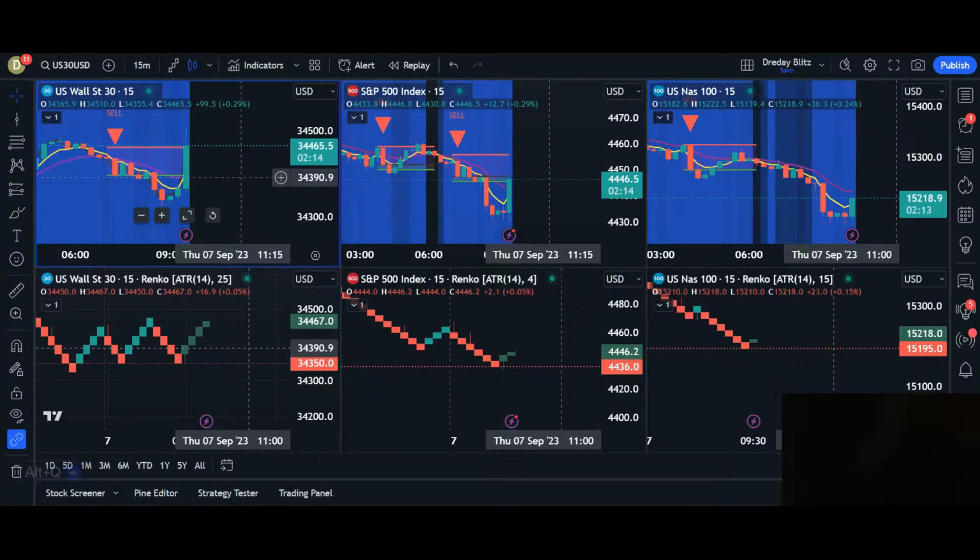And as you can understand, I'm not talking about any technical analysis patterns or anything like that. I only look at the moving averages, the Renko bars and the ADX.